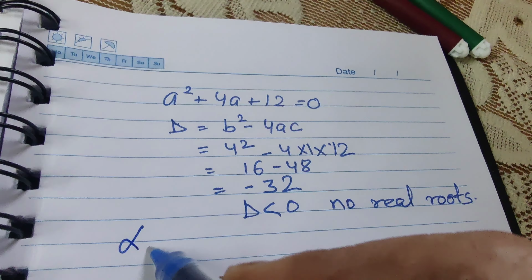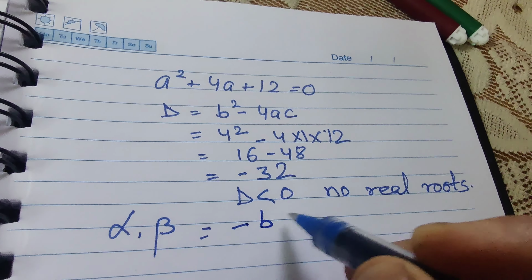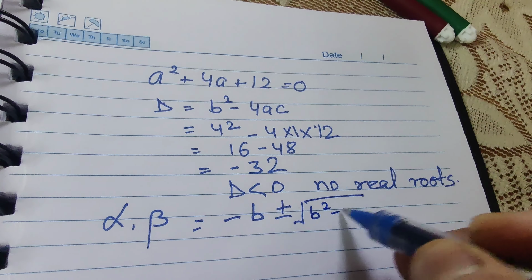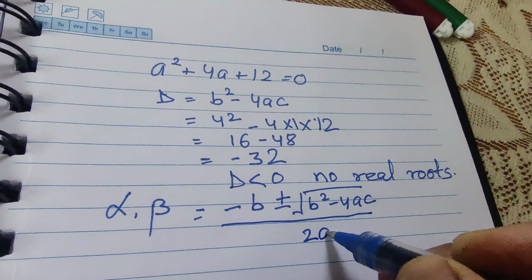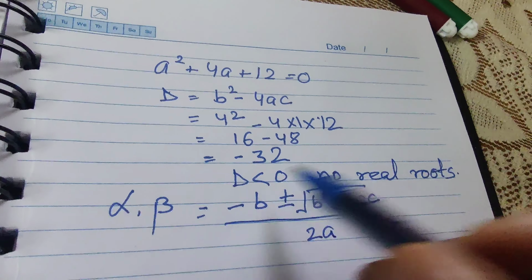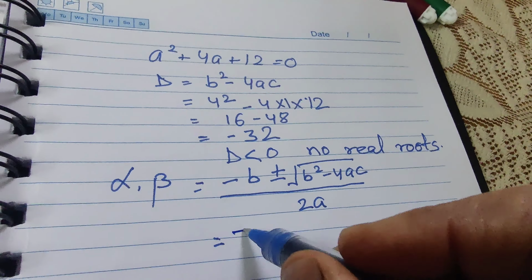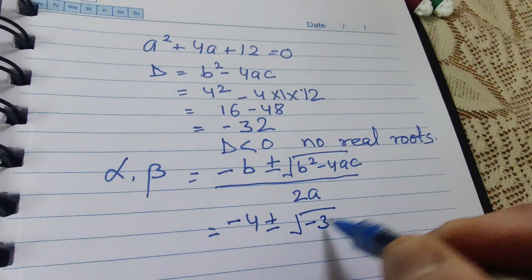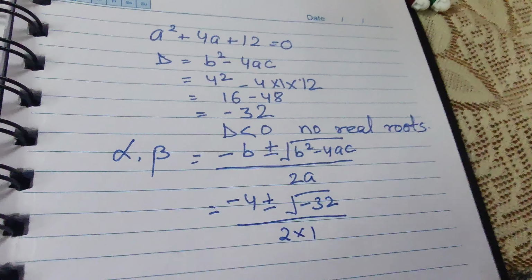The formula for finding the roots is minus b plus minus under root b square minus 4ac by 2a. It is minus 4 plus minus under root minus 32 by 2a, it means 2 into 1.